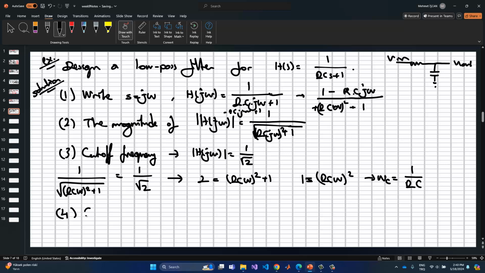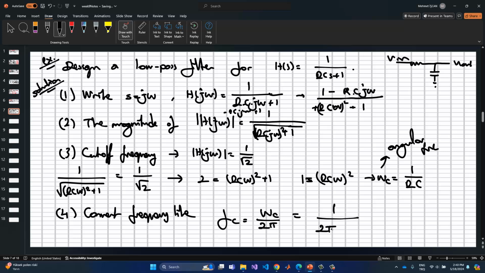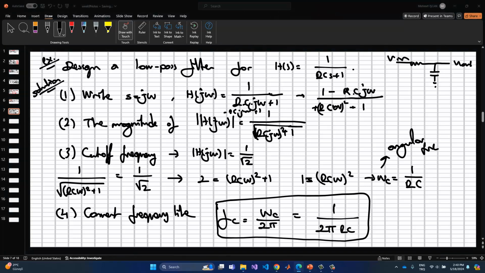And also we need to convert these terms, convert frequency like this, the angular frequency. Just remember that angular frequency. And so FC is WC divided by 2 pi, which is equal to 1 divided by 2 pi R and C. Okay, and so we can set any points in here by selecting the new R and C values to the desired characteristic frequency in here.